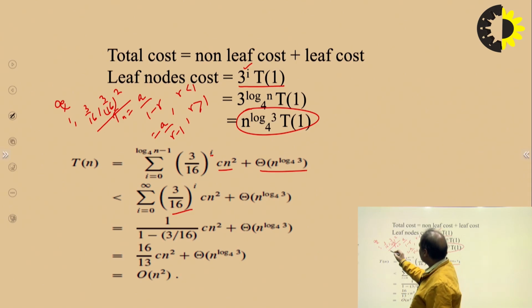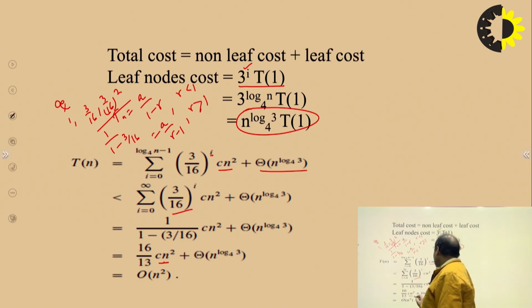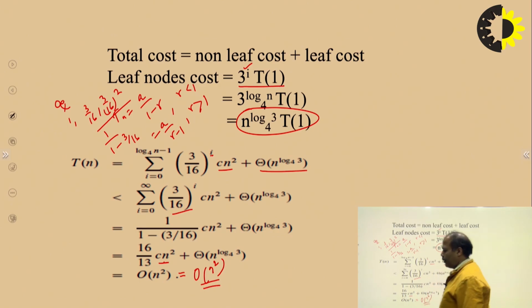The first term is 1 and the common ratio is 3/16. If you compute it, it will be 16/13 cn². If we approximate it, this is going to be big O of n². This is the second category of the question.